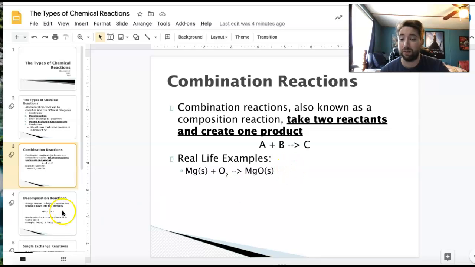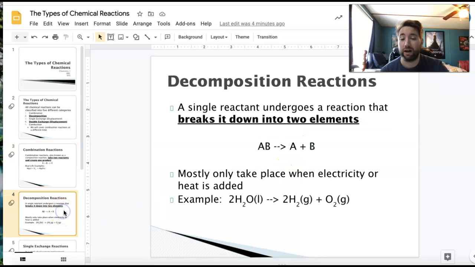All right, let's talk about the next one: decomposition reactions. Decomposition reactions are reactions where something breaks down. It starts out with one reactant and it goes to 2 or more products. In this example, we've got this compound, AB, and it falls apart, it decomposes into A plus B. Remember, the reactants are on the left and the products are on the right.